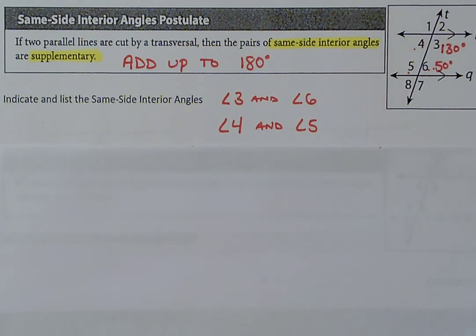Same side interior is supplementary, and that's actually going to be our only one that's supplementary for today and moving forward. Same side of the transversal, in between the parallel lines.